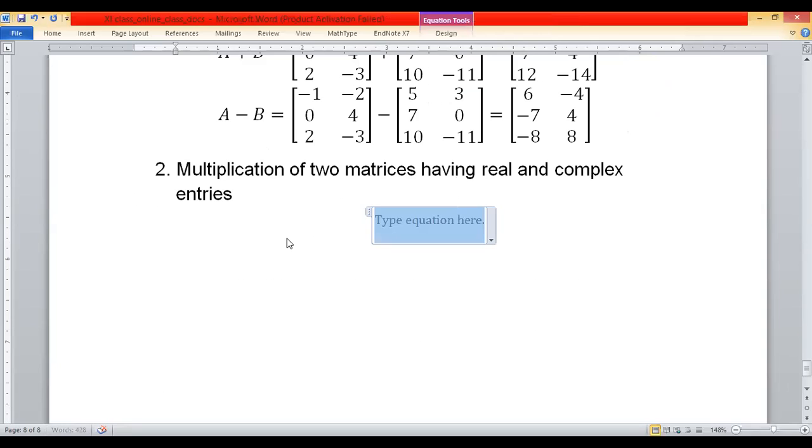Assume we have a matrix A. Okay, how can we multiply first? You have to remember.